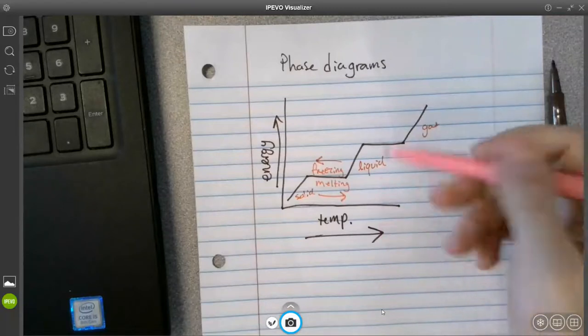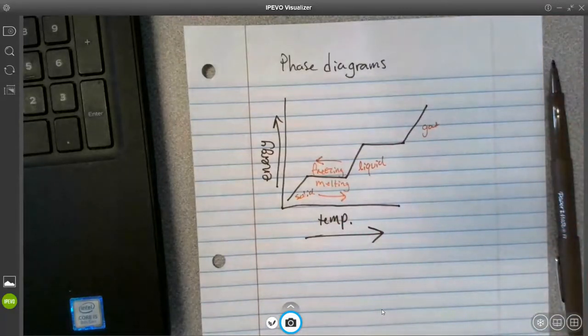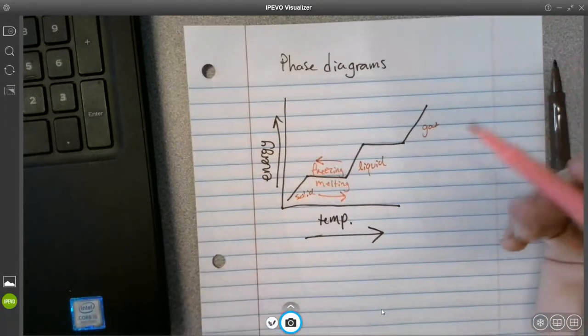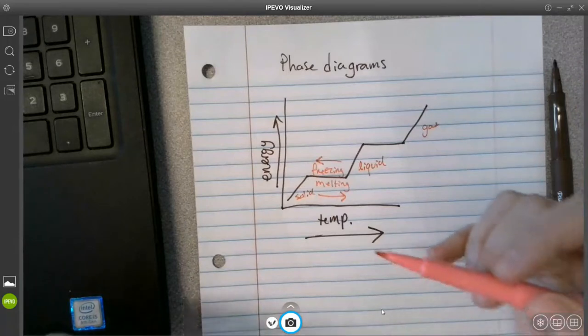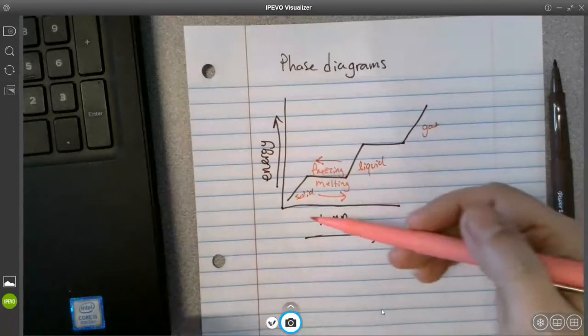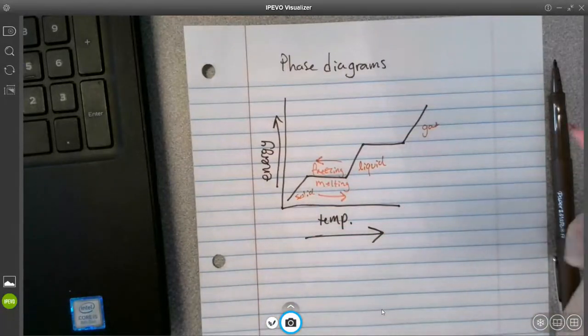And that should be fairly familiar with us. If you have any issues, just think of water. So if you have a solid piece of water, which we know is ice, and we turn it into a liquid, we know it melted. If we have water and we freeze it, we know that the water is ice and is therefore solid. So just think of water in your head because that'll help you out.